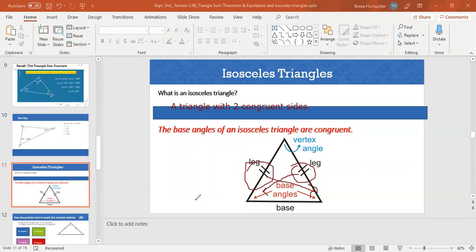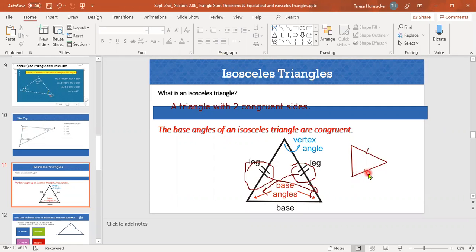Now, base does not always have to be at the base of the triangle. So check this out. I can draw a triangle this way. These are my congruent legs. Now we have to find the base angles. Once again, I'm going to grab my spotlight. All right, so you go to the leg, go directly across.